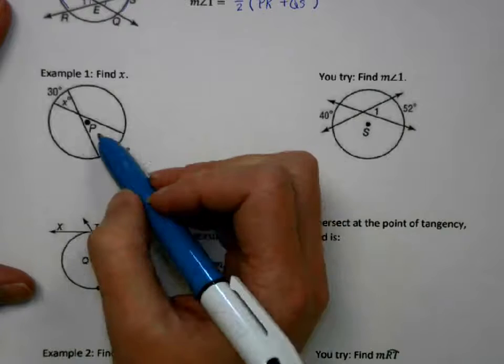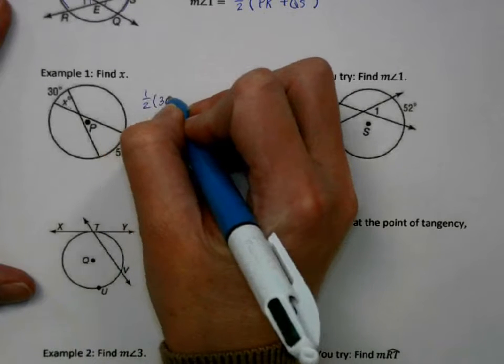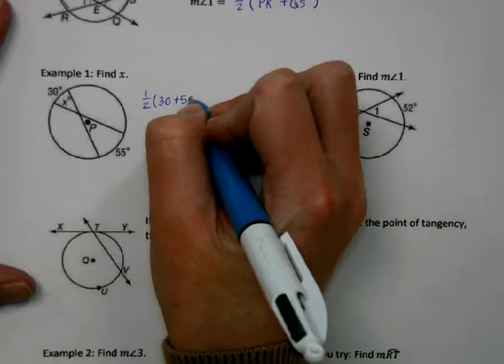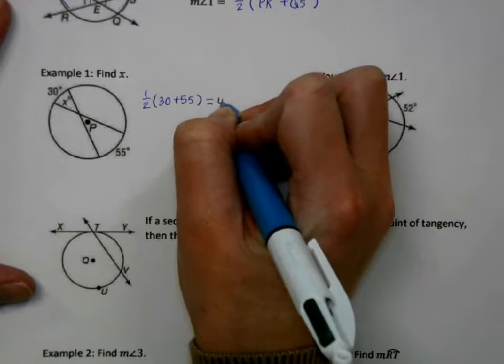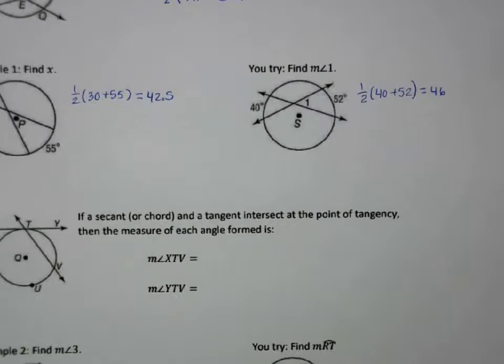So here, if I want to find this angle, that's going to be 1/2 of 30 plus 55, which is going to be 42.5. So you try the next one. So we add 40 and 52 divided by 2 or multiply by 1/2 to get 46.